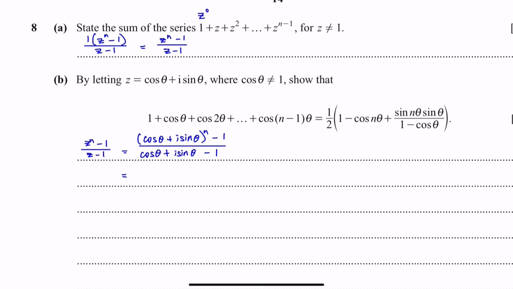So we need to get rid of the imaginary number in the denominator so we can know which part we need to use.